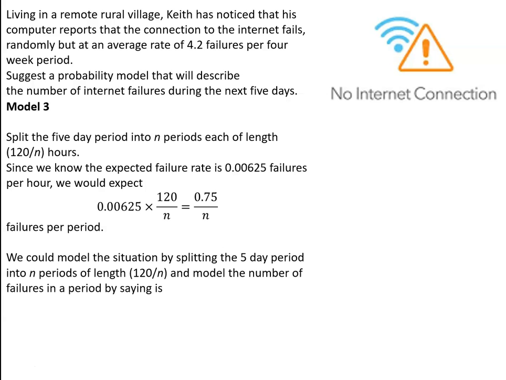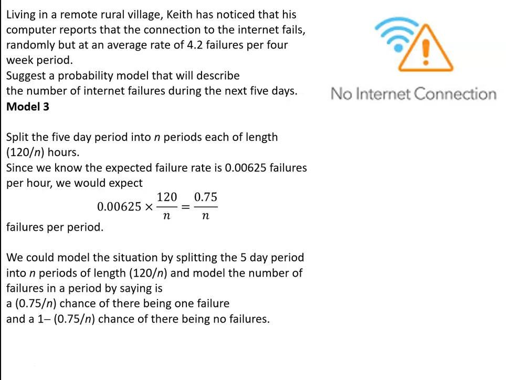And we're now going to model the situation by splitting the 5-day period into n periods, each of length 120 over n. Model the number of failures in a particular period by saying there's a probability of 0.75 divided by n of there being 1 failure, and 1 minus 0.75 over n probability of there being no failures.